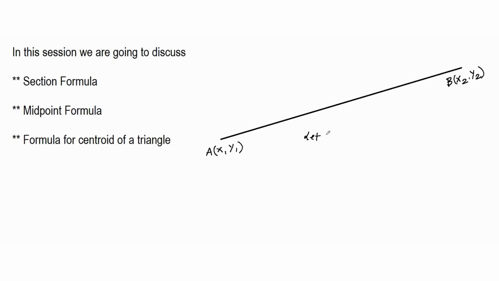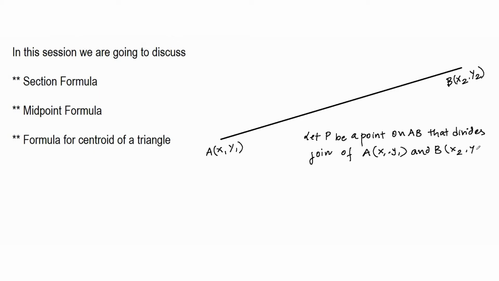Let P be a point on AB that divides the join of A of x1, y1 and B of x2, y2 in the ratio m:n.